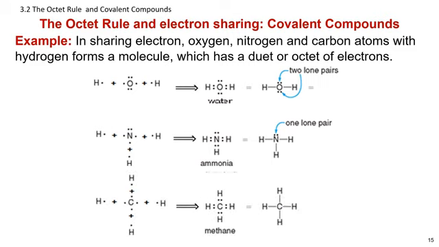This diagram shows how they are shared and got an octet for the central atom. Except hydrogen, all other main group elements gain 8 electrons. For example, all these hydrogens have 2 electrons. That's the bonding electrons.